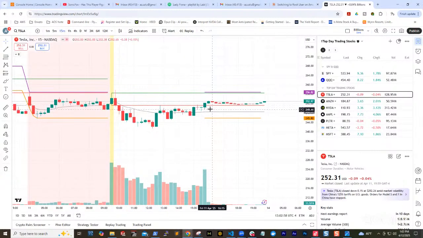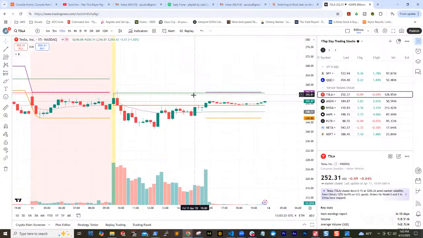And for me, this is how I manage my risks, right? Especially when trading options. These lines, everything you see, the colors and the lines, they all mean something, right? So for example, this is Tesla yesterday.